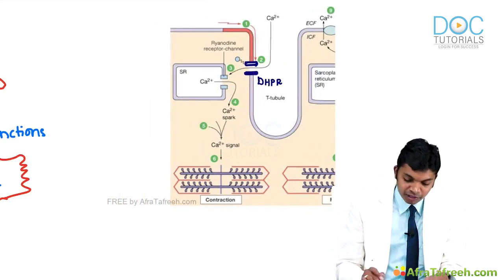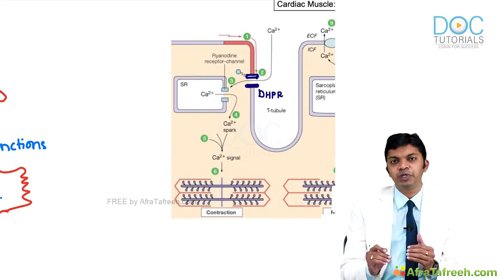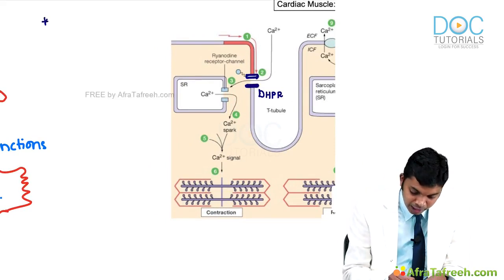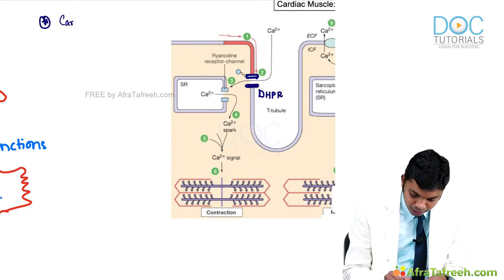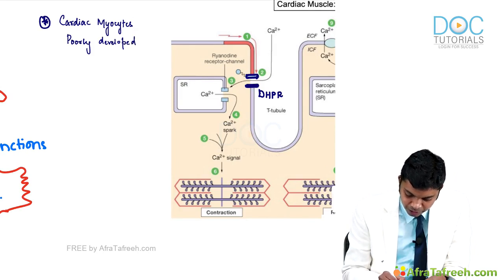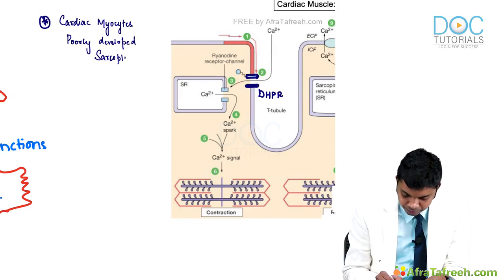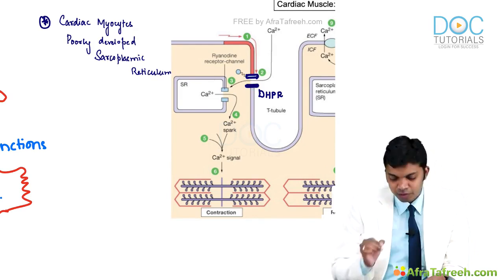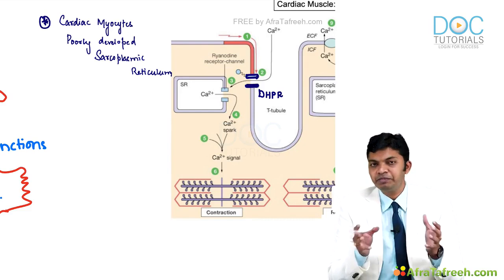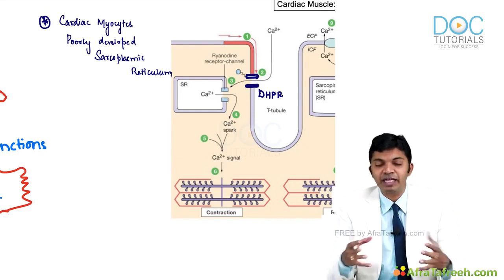Now, if you consider the key difference between a skeletal muscle and a cardiac muscle, cardiac myocytes have very poorly developed sarcoplasmic reticulum. The purpose of sarcoplasmic reticulum we all know: it is nothing but a storehouse of calcium.